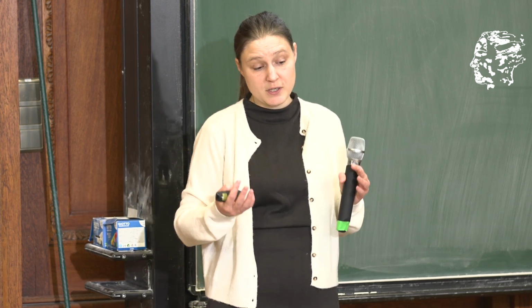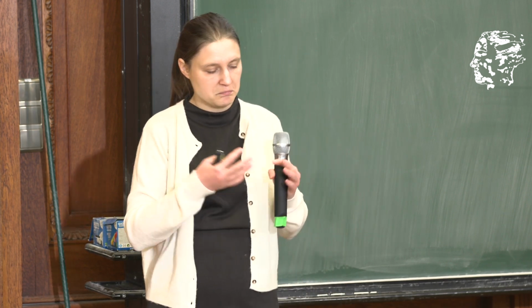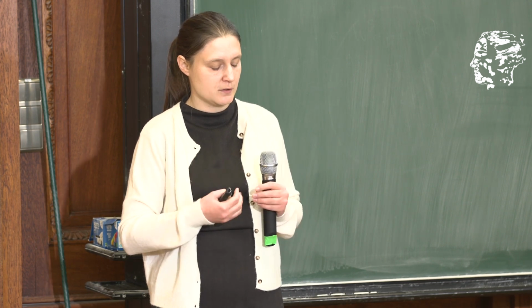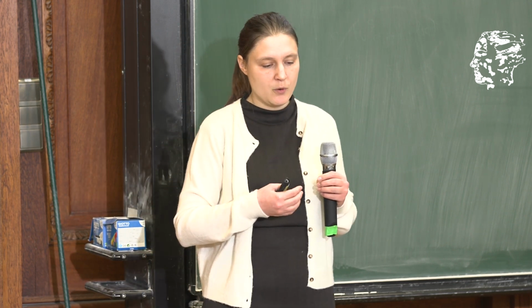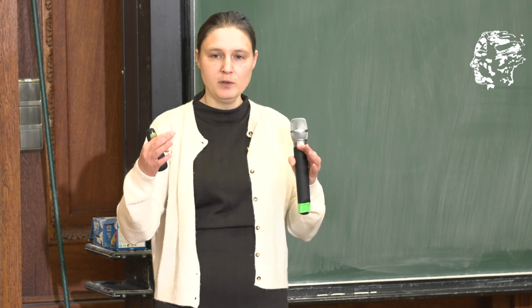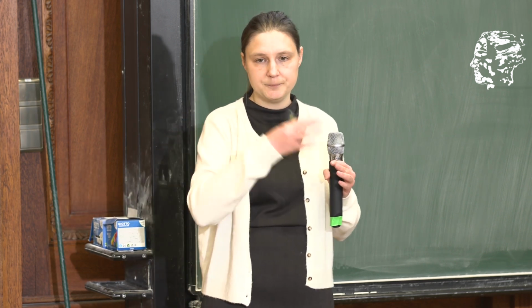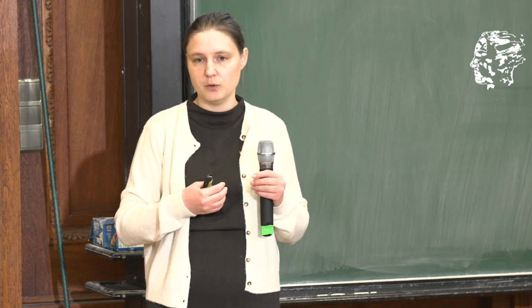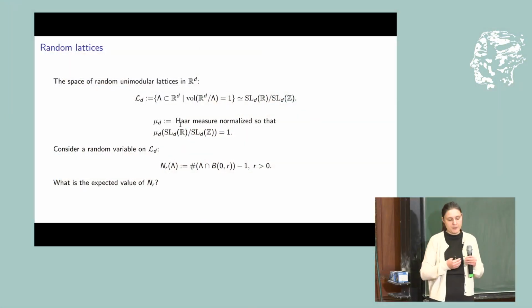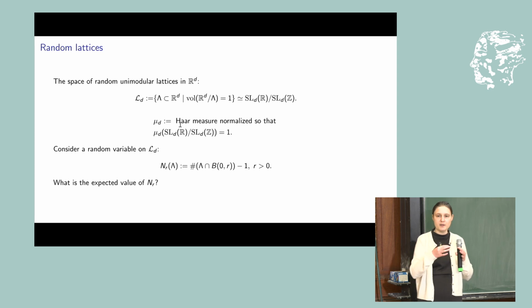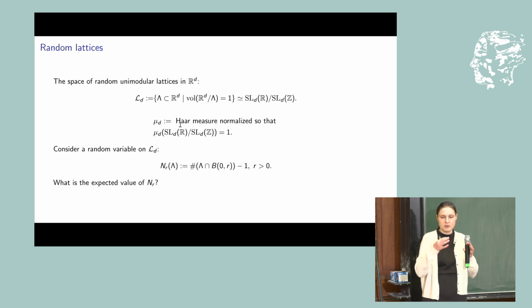So what turns out to be a much nicer quantity, which is easier to study, is to take our random lattice, intersect it with a ball, and count the number of lattice points inside of this ball. And so, of course, if our lattice gives us a good packing, and our ball is small enough, then the number would be 1. It will contain only 0.